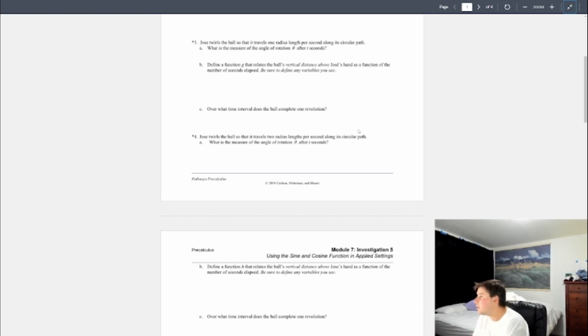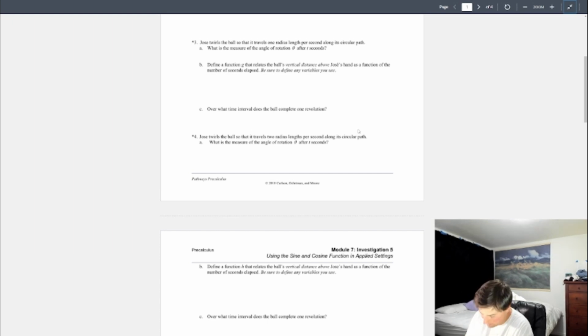Yeah. Okay. Define a function h that relates the ball's vertical distance above Jose's hand as a function of the number of seconds. Actually, I should have this right here. Well, now instead of just one-to-one, you should define a variable.